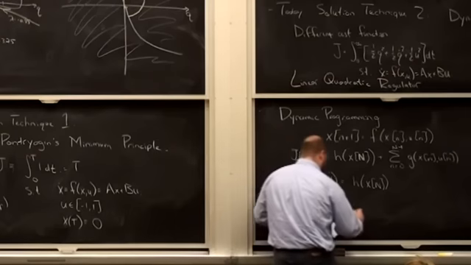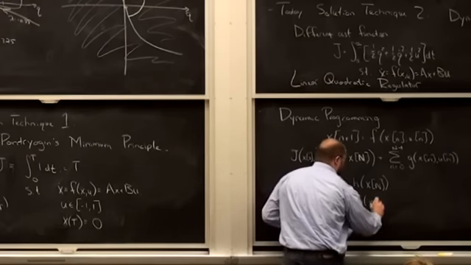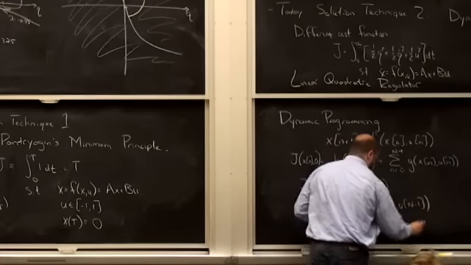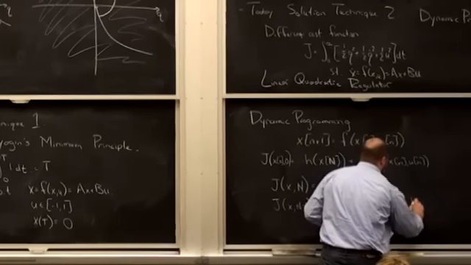And that's going to be g of x N minus 1, u of N minus 1, plus h of xN.